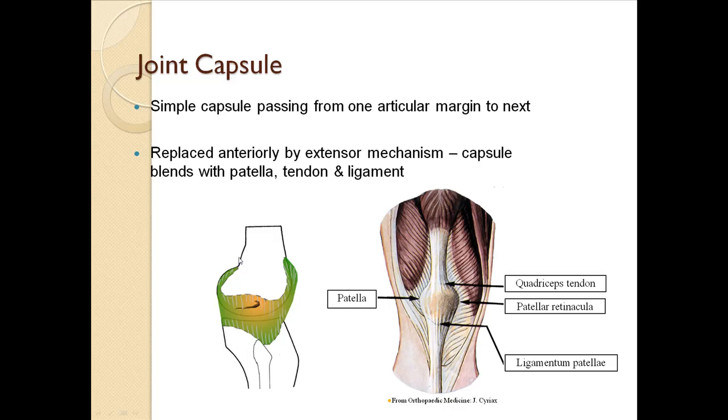Posteriorly, it does the same thing. It goes just beyond the articular margins of the femur at the top to just beyond the articular margins of the tibia down below, and medially it does the same thing. Anteriorly, there is no capsule.